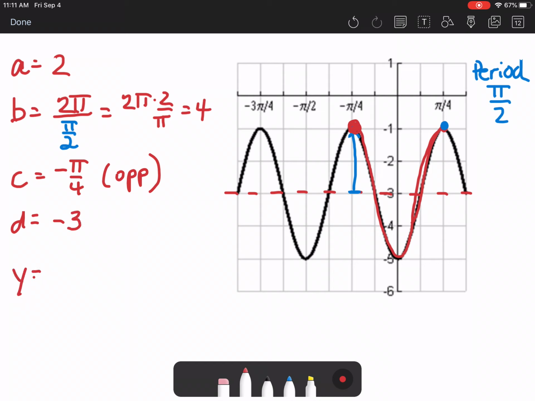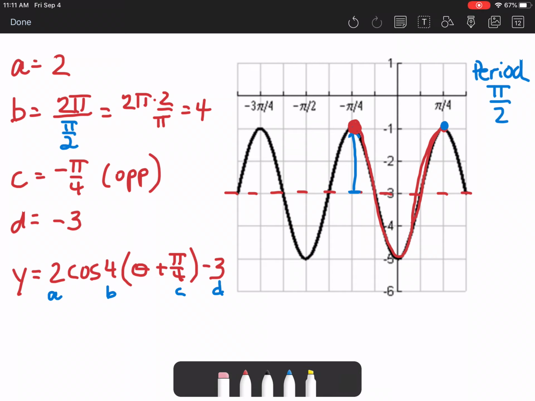We're going to have y is equal to, oops, forgot my A here. Y is equal to 2 times the cosine of B, which is 4, times, you can use theta or x. Okay, so we've got theta opposite, so it's going to be plus pi/4, and then -3. Okay, so if we're looking back, what do we have to plug in for? We have to plug in for A, B, C, and D.